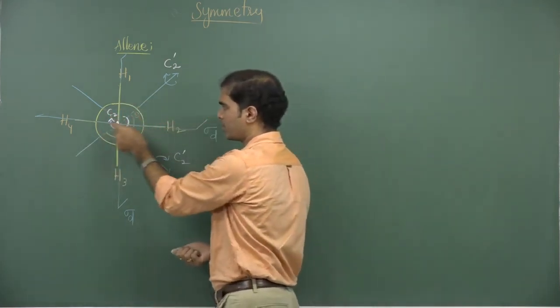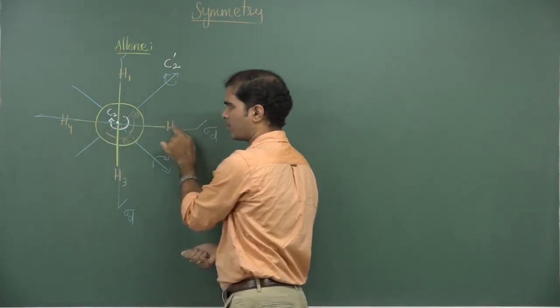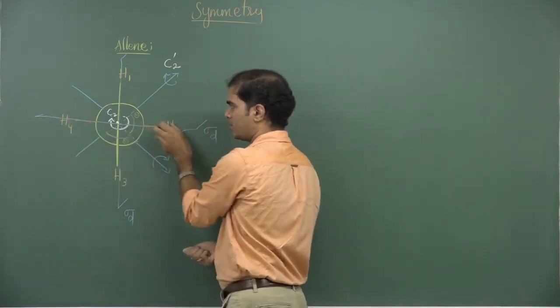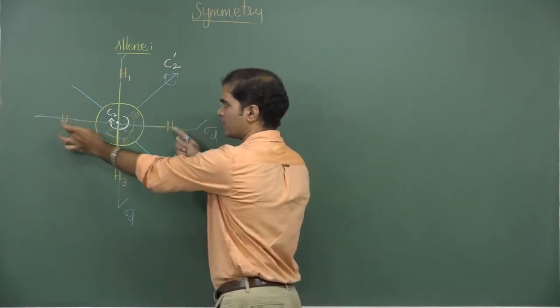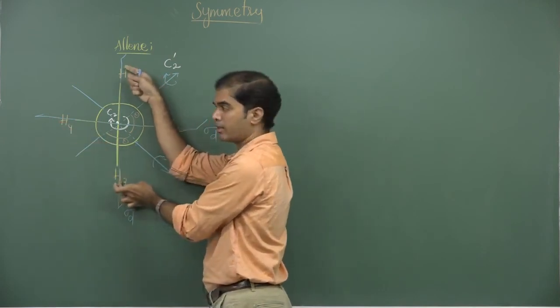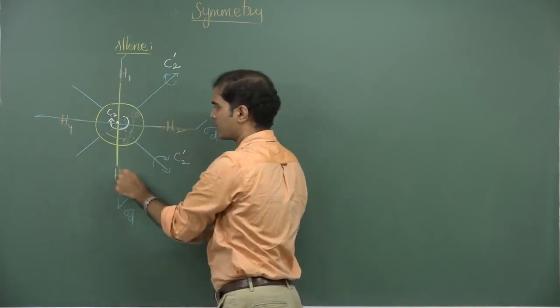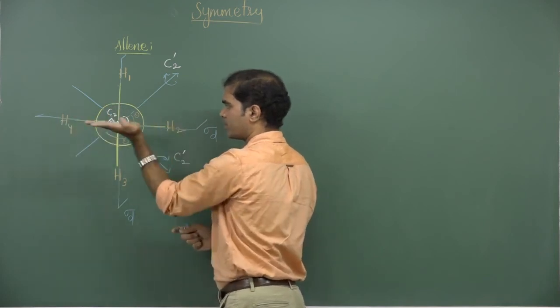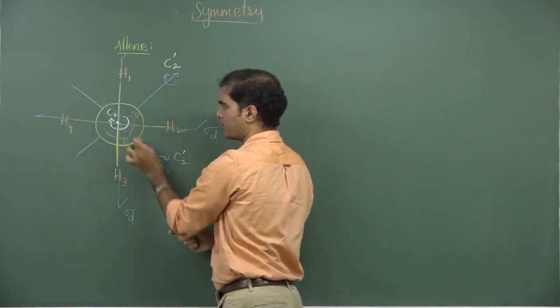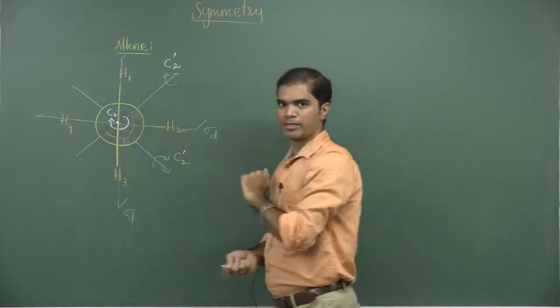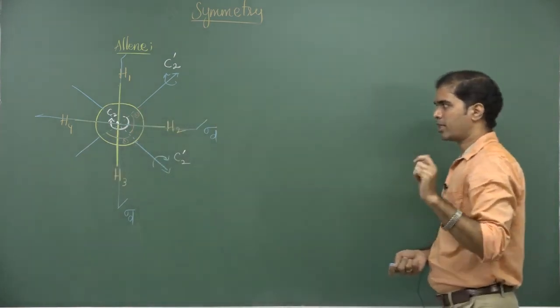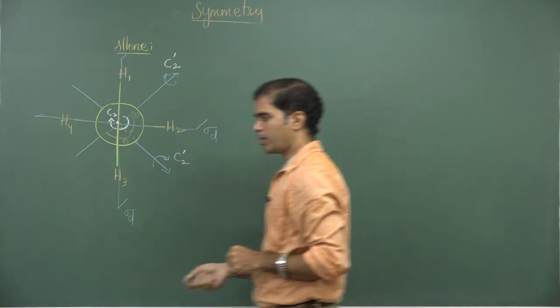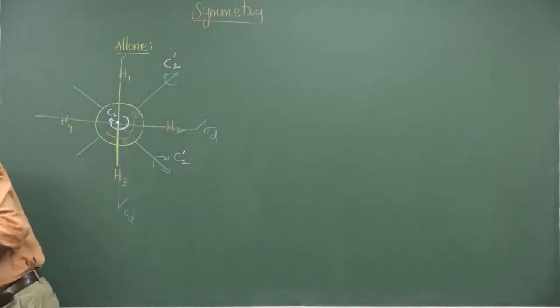Whereas the opposite corners, in this case they are atoms, but according to their position I am calling these corners. From the opposite corners, sigma d will pass. From the opposite grooves, C2s will pass. Remember this thumb rule, it will be very, very easy for you.